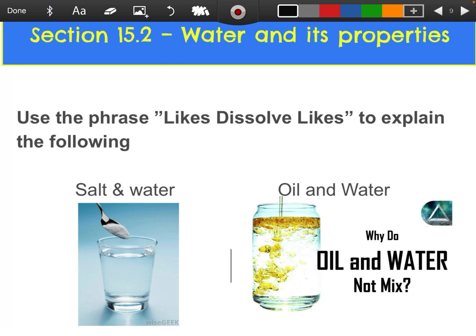All right, so this will explain the phrase likes dissolve likes, and then on the next slide we'll show you the wording for the key concept. So likes dissolve likes means that like substances are going to dissolve in one another. So salt, we know, is ionic, and because we know it's ionic, we know it's going to have positive and negative particles.